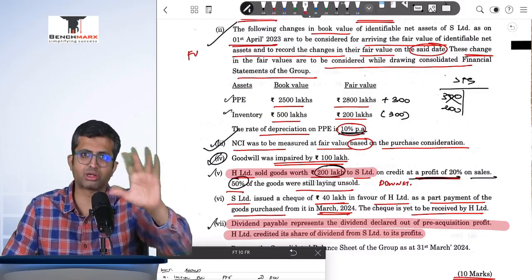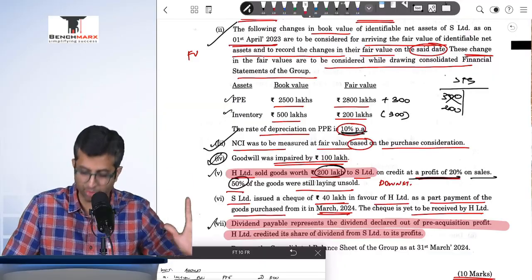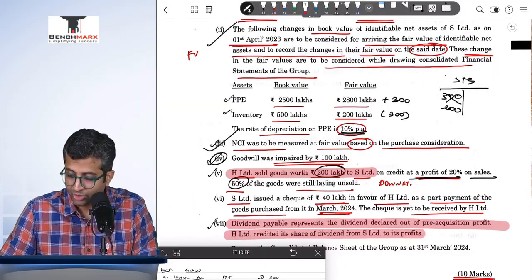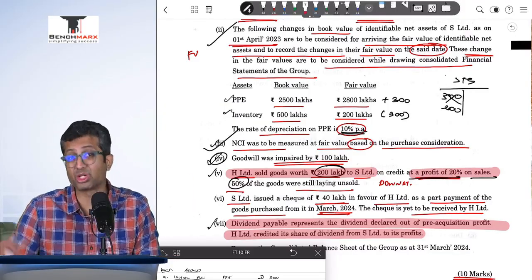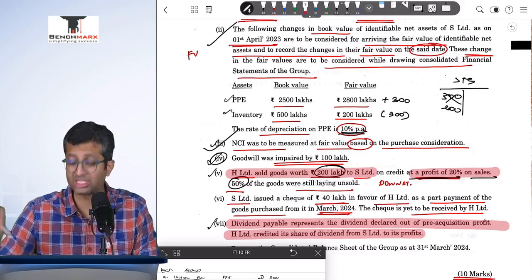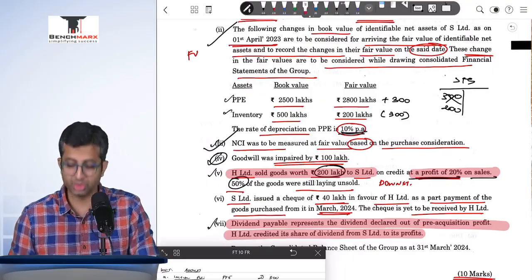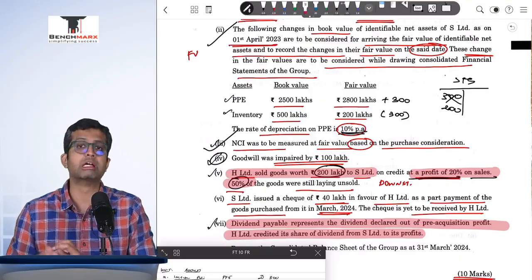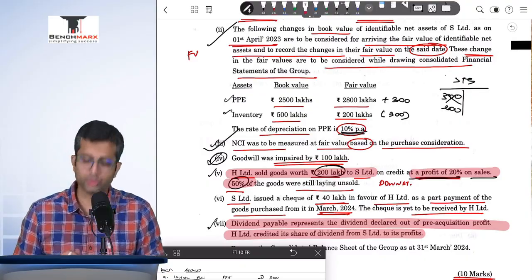If nothing is given, that is the transaction value, and the transaction is at the selling price, that is 200 lakhs, and created a profit of 20% on sales. This is not 20% on cost, this is 20% on sales, and hence you can take 200 into 20% directly. That is 40 rupees would be the profit. However, 50% of this is unsold, and hence 20 rupees will be the underlying profit.